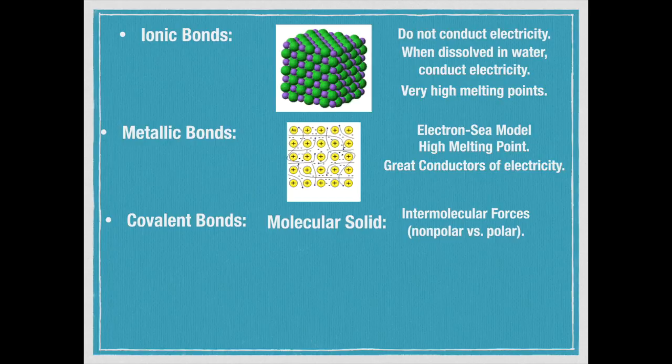So whether or not they're polar or nonpolar, and therefore whether they're going to have London dispersion forces, hydrogen bonding, or dipole-dipole forces. Remember, hydrogen bonding would have the highest melting and boiling points, while London dispersion forces would have the lowest melting and boiling points, simply because London dispersion forces are the weakest type of intermolecular force. So those are molecular solids, which we've already looked at.